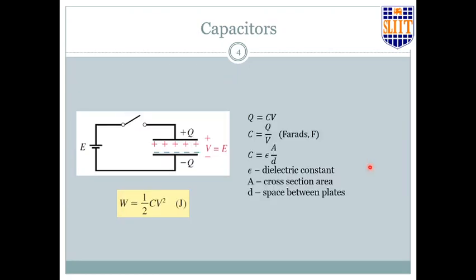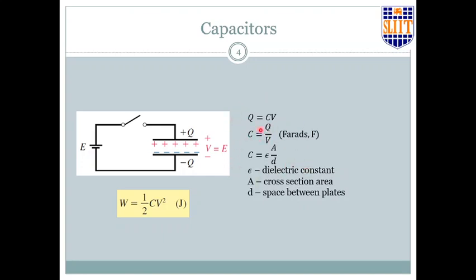Capacitors can be used to store a little charge. Let's say it is Q, and Q is equal to C times V. That is a basic equation that we will have to remember.